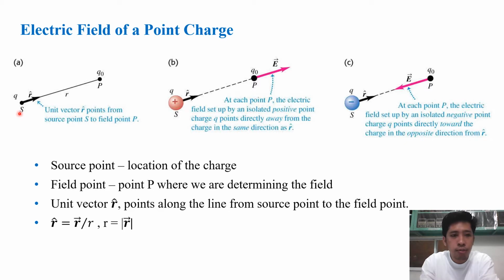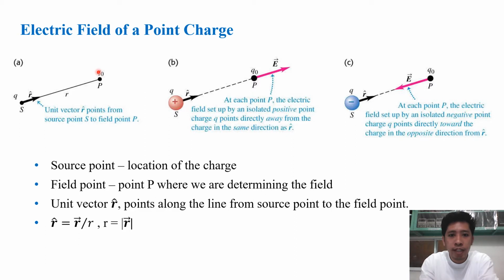This is the source point, and around here you have your test charge. This is your field point. If you define the unit vector r hat, it points from the source point towards the field point. It's not the other way around. Again, the unit vector always points from the source point towards the field point.